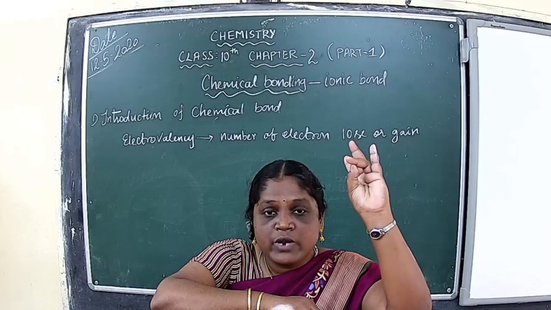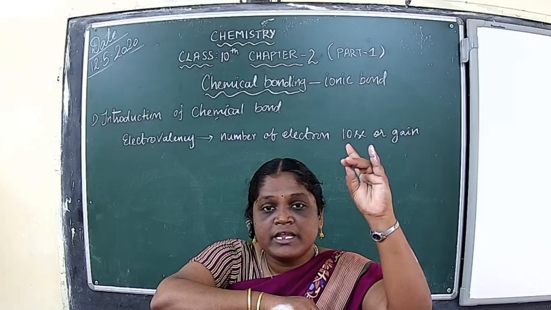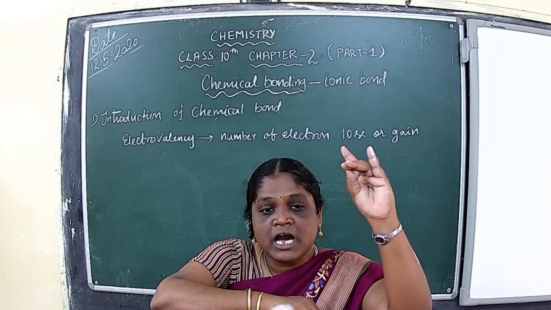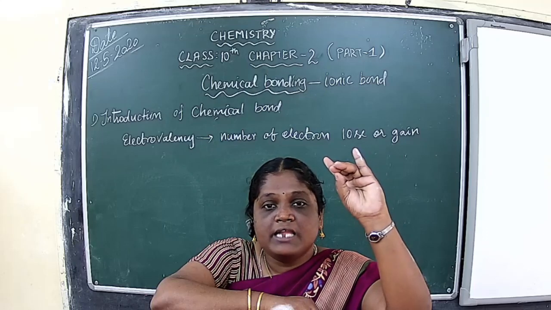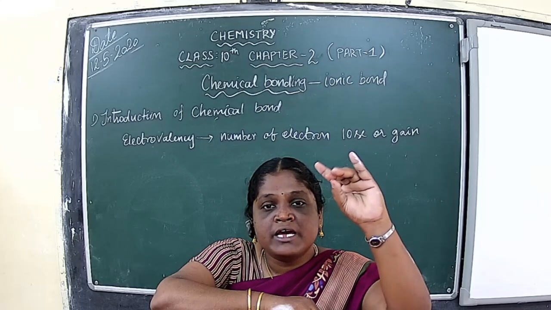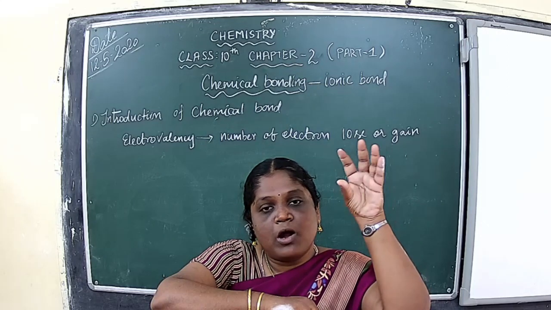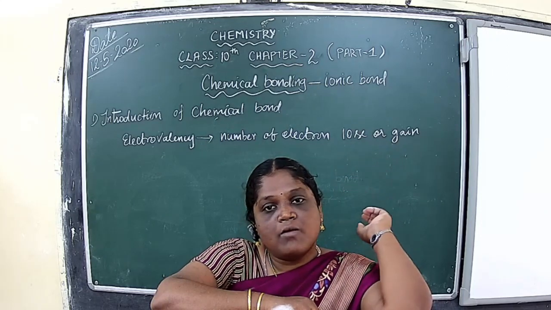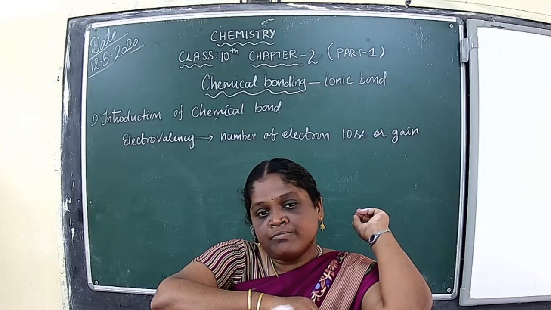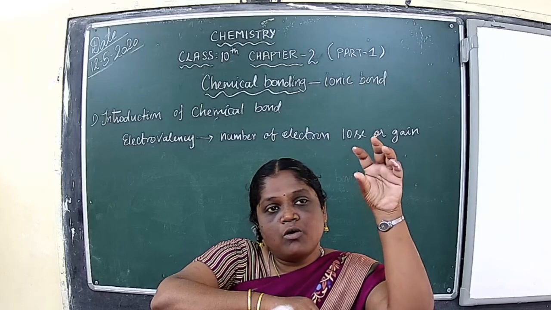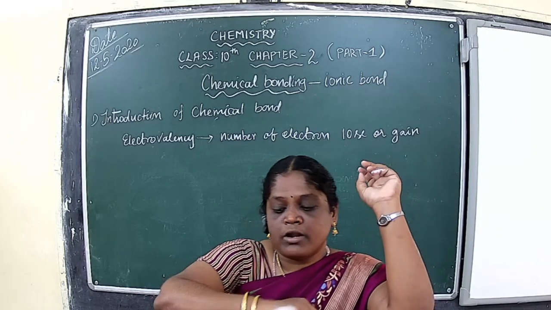It is an electronegative element, and it carries a negative charge to attain the stable electronic configuration of the nearest noble gas. So the bond is known as ionic bond or electrovalent bond. Understood?